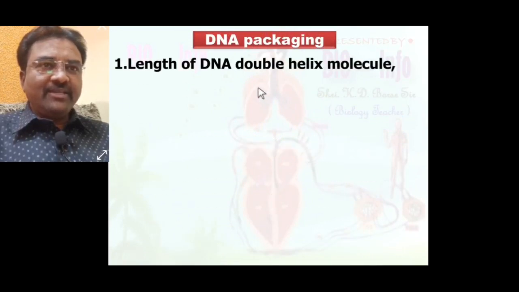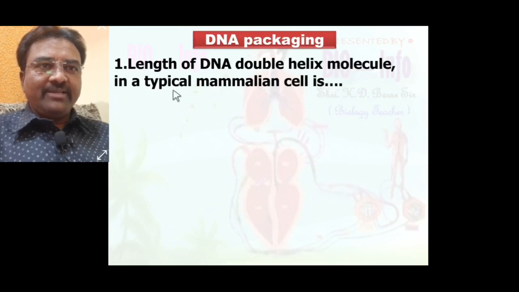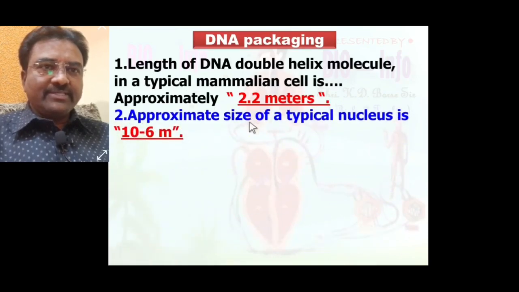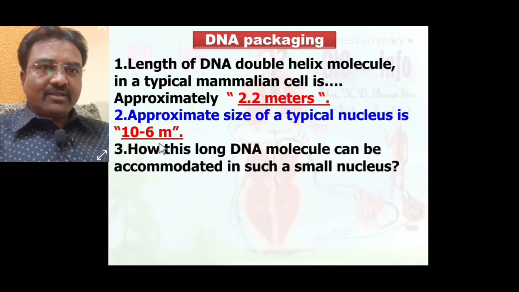The length of the DNA double helix molecule in a typical mammalian cell is approximately 2.2 meters. The approximate size of the typical nucleus is 10 raised to minus 6 meter. So how can this long DNA molecule be accommodated in the small nucleus?